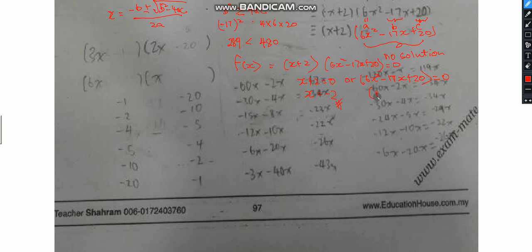This one has no valid solution. The reason is, for this to be equal to 0 using the quadratic formula, b squared is less than 4ac, giving a negative value under the square root, so there's no valid answer for it. Okay, that's it.